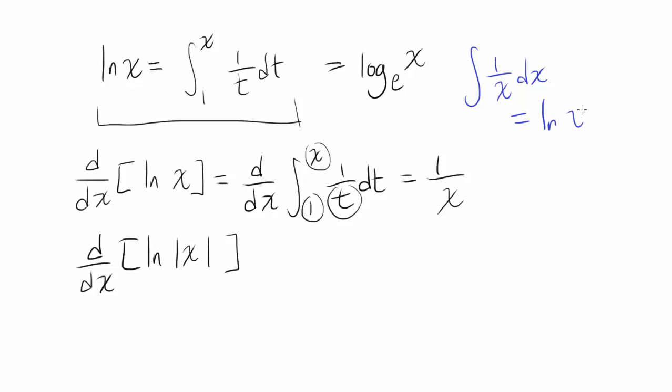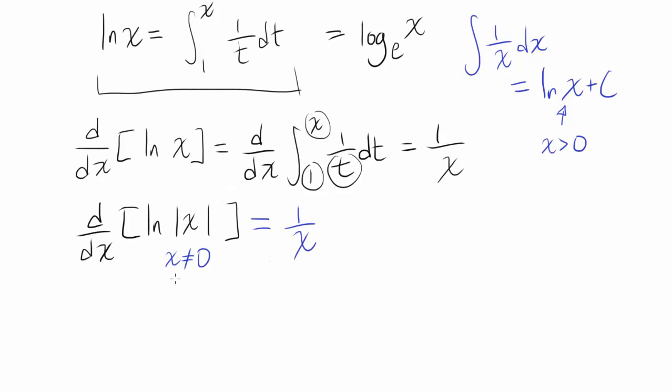Instead of simply saying it's natural log of x plus c, which is only defined for values greater than 0, we can now define it for values that are not equal to 0, less than 0 and more than 0. So this can expand the domain of our antiderivative if we can prove that this thing is equal to 1 over x. So let's do just that.